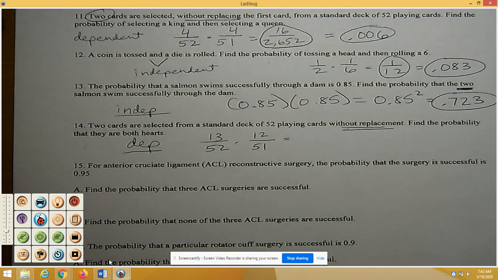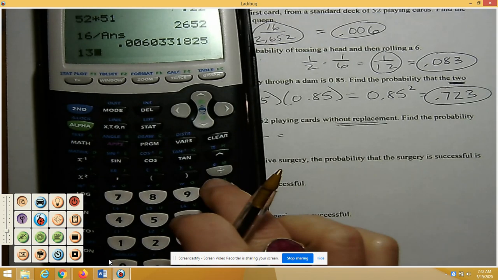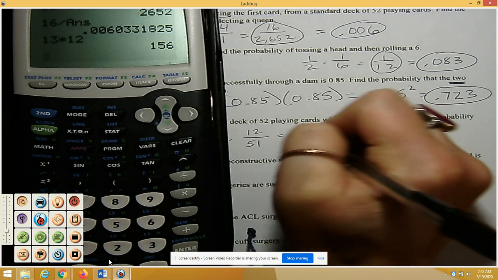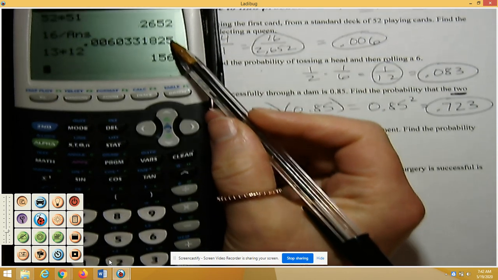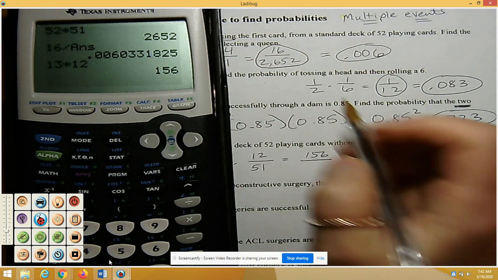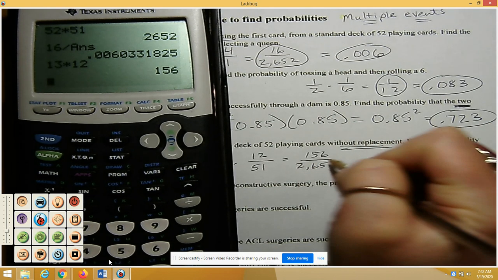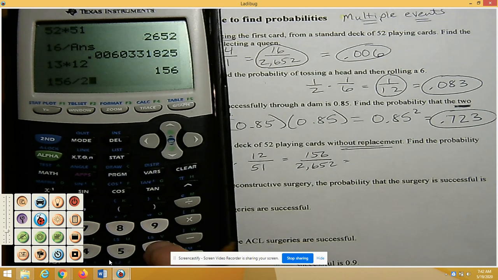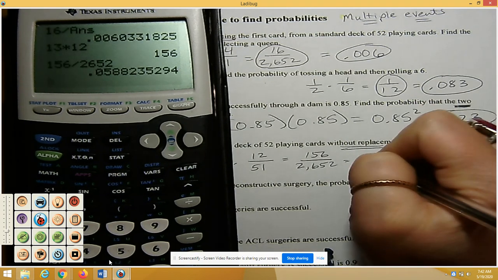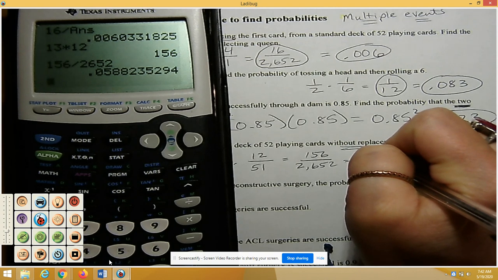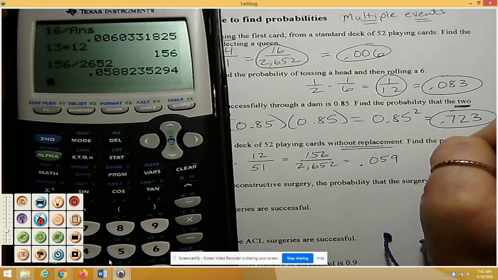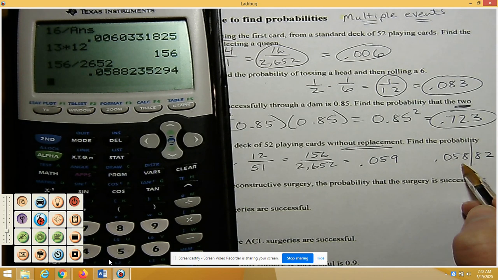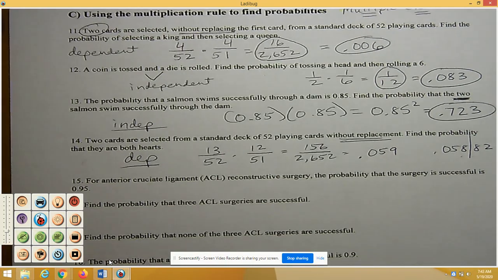Okay, when you do that out, you're going to get 13 times 12. That'll give you the 156 for your numerator. And then I just did the 52 times 51, so I'm not going to repeat that calculation. I got 2,652. And then I can do that quotient, that division, and I get 0.059. So remember, if the next digit is a 5 or more, that's going to bump up to a 9. All right.